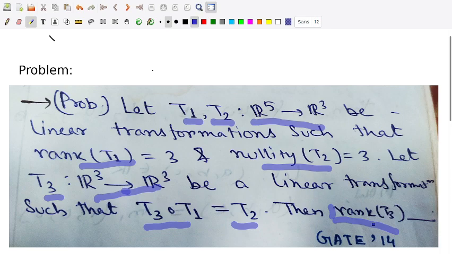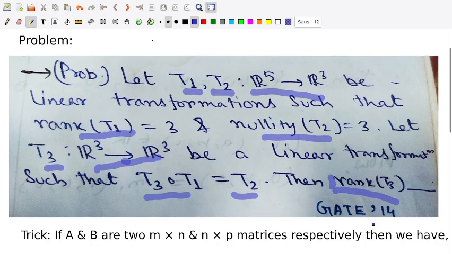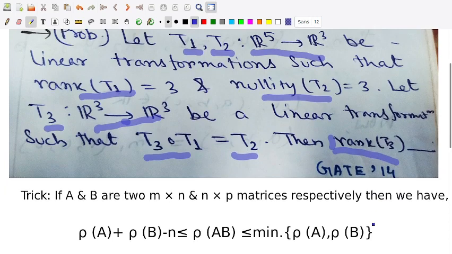So let's solve this. This is the trick we will carry forward to solve this problem.